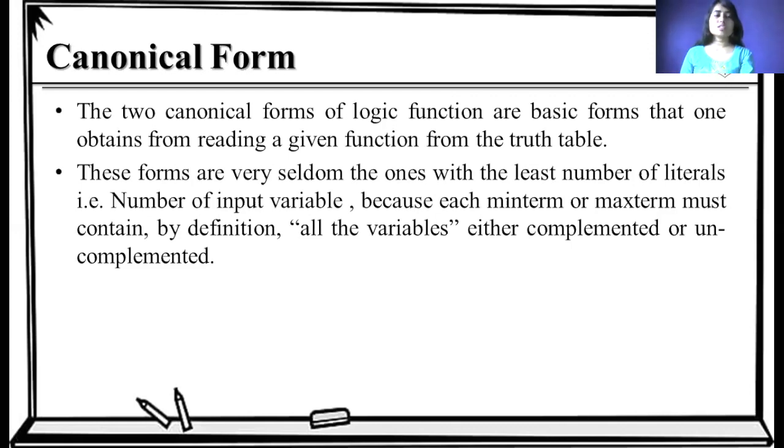These forms are very seldom the ones with the least number of literals. Literals means the number of input variables, because each minterm or maxterm must contain by definition all the variables, either in complemented or uncomplemented form, but it is compulsory that all terms have all the variables.